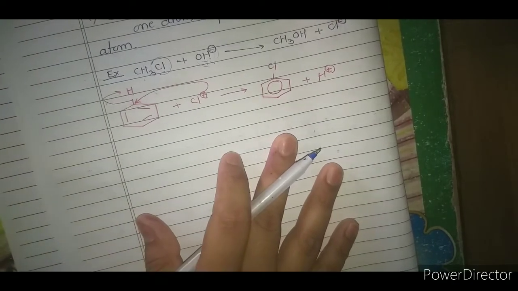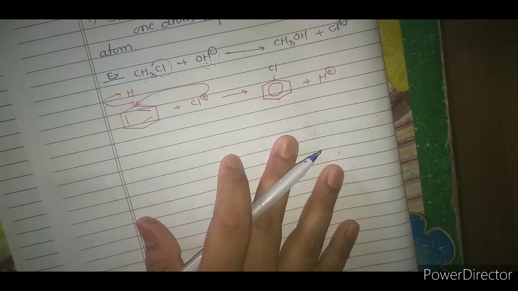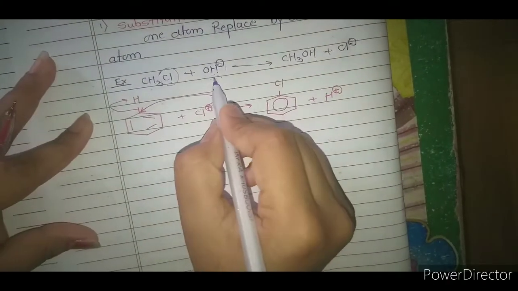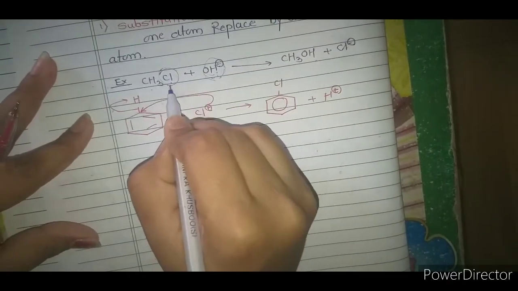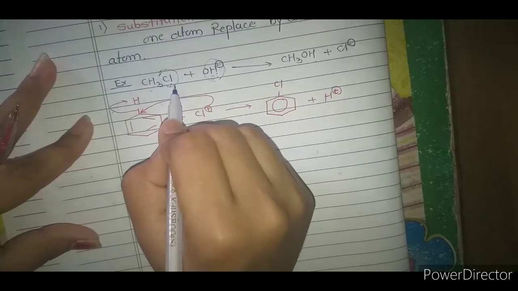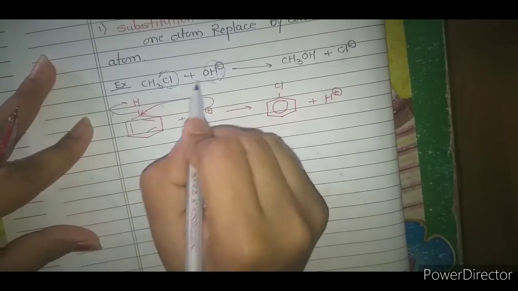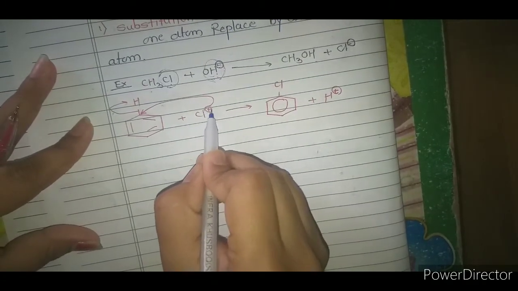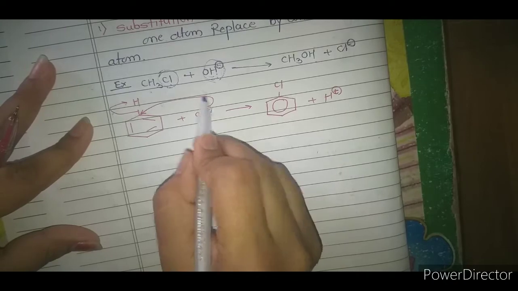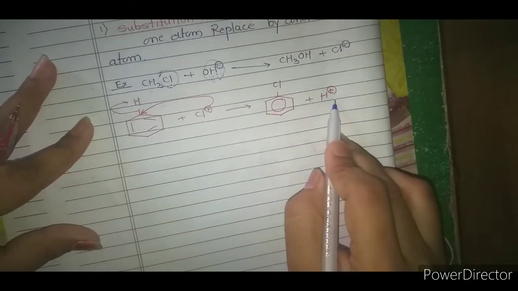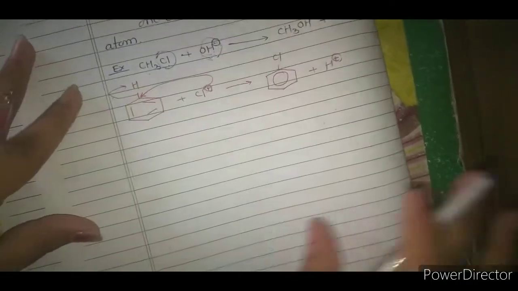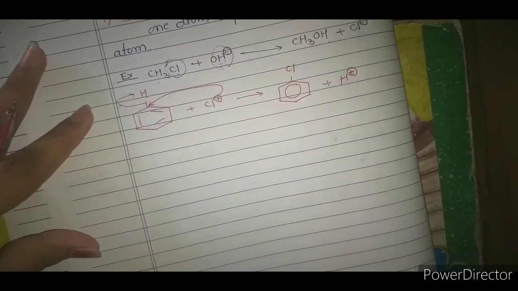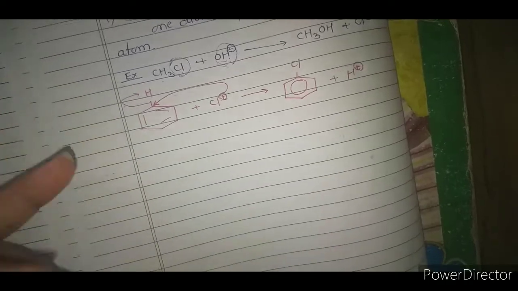The nucleophile replaces nucleophile and electrophile replaces only electrophile. So here the hydroxyl ion is a nucleophile, chlorine is also a nucleophile, so hydroxyl ion replaces chlorine. In this case chlorine is an electrophile, so this electrophile replaces hydrogen ion. Okay. So nucleophile replaces nucleophile and electrophile replaces electrophile.